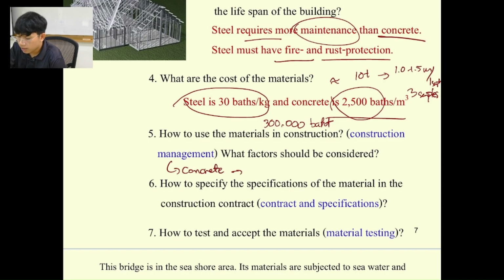You need to prepare formwork first, and then put the steel inside, and you need to tie the reinforcement. If you compare with precast and steel, you can see they save a lot of time.